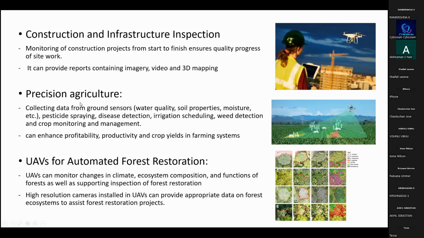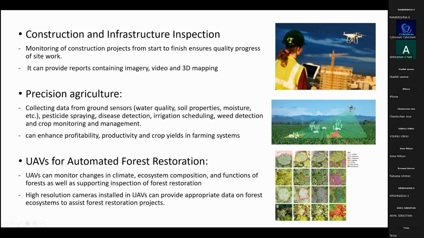And then agriculture. Agriculture has a very big use case. First is collecting data from ground sensors. By collecting data, we can find out the water quality, different soil properties, moisture, and all those things.